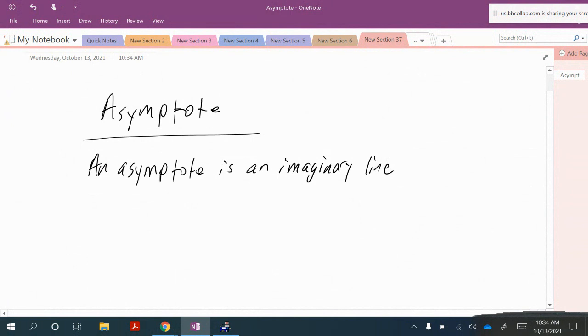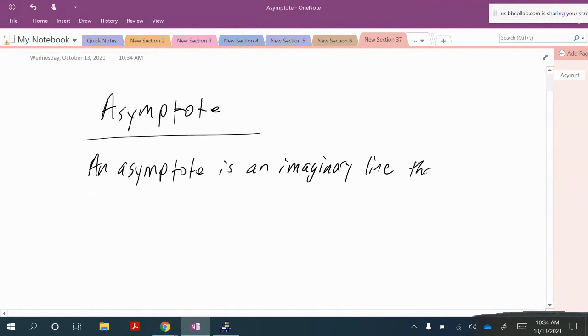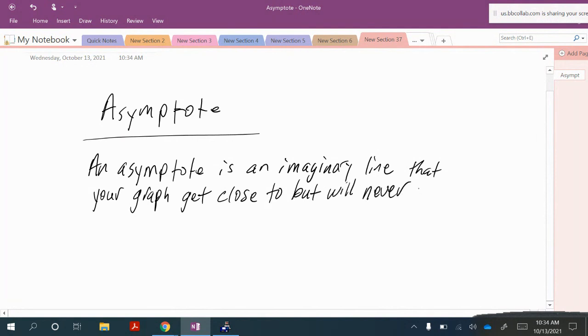So notice it's a line, so it has to be a straight line. An asymptote is an imaginary line that your graph gets close to but will never touch.